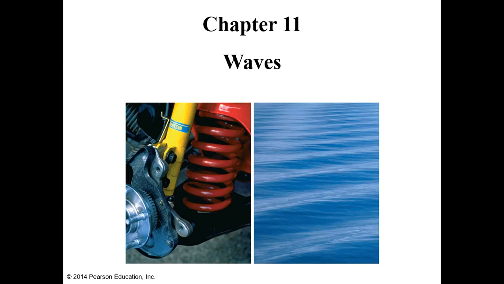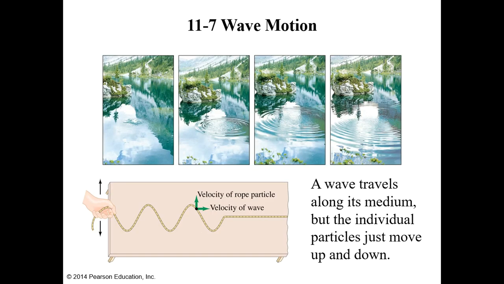We're going to start this chapter by actually defining a wave. Now, a wave is simply a disturbance or an oscillation that travels along a medium from one point and propagates away. So, for example, in the top, you see a stone thrown in the pool over here, and that creates a disturbance, causes the water to oscillate up and down, and that oscillating pattern just propagates outward.